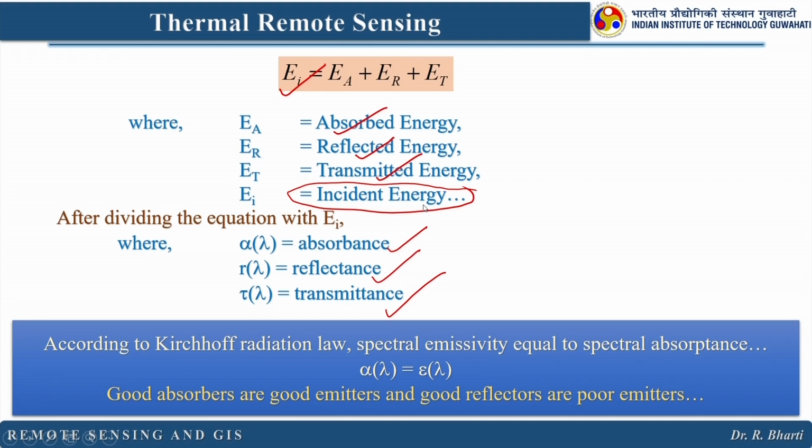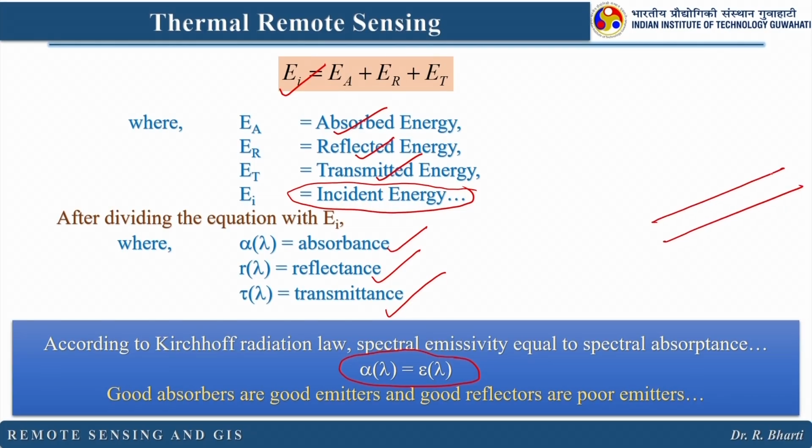According to Kirchhoff's radiation law, spectral emissivity equals spectral absorptance. So, here this is clearly written. Good absorbers are good emitters and good reflectors are poor emitters. I have already explained this in black body.